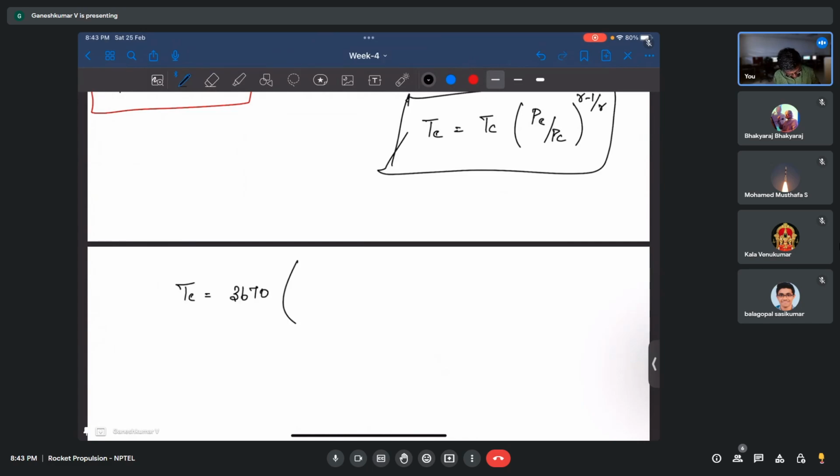T exit is going to be 3670 times 1 atmosphere divided by 35, which is chamber pressure, to the power gamma minus 1, which is 0.4, divided by 1.4.